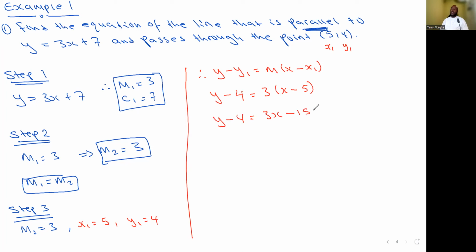Take minus 4 to the other side, so y = 3x - 15 + 4. Then the second line is y = 3x - 11.